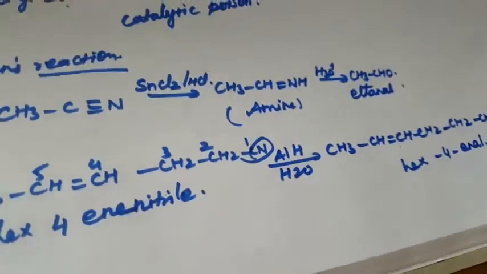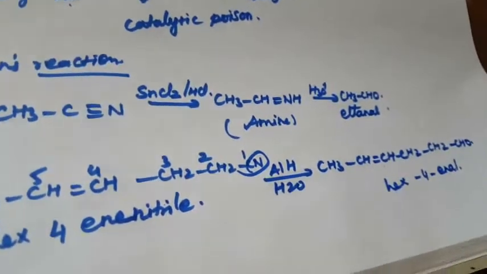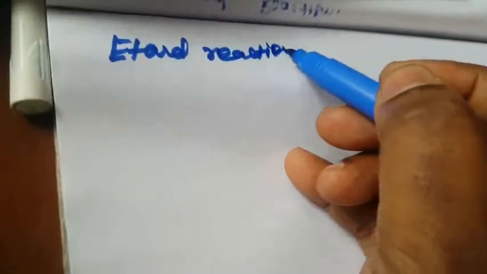So next one is the preparation of aldehyde. How do we write the preparation? First one is the Etard reaction. The aldehyde compound is formed by the Etard reaction. What is meant by the Etard reaction?